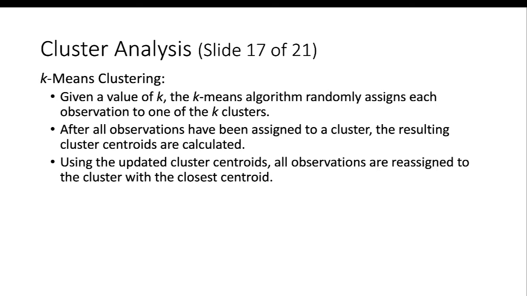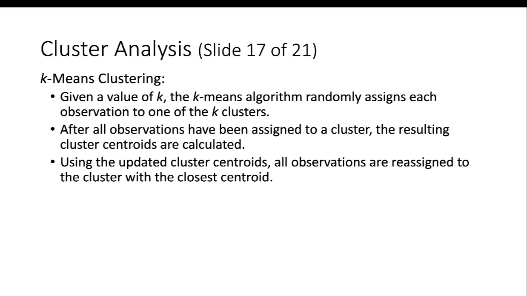The K-means algorithm randomly assigns each observation to one of the K clusters. After all observations have been assigned to a cluster, the resulting cluster centroids are calculated. These cluster centroids are basically the means of K-means clustering, right? Using the updated cluster centroids, all observations are reassigned to the cluster with the closest centroid using Euclidean distance.